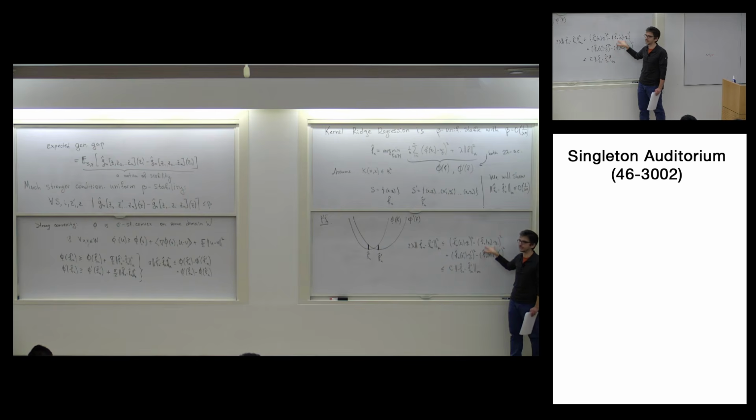So for that I need that the range is bounded. The functions themselves are bounded, and the y variable is bounded. Okay? So let me skip those details. You can fill them in later. But you get this bound. Okay?